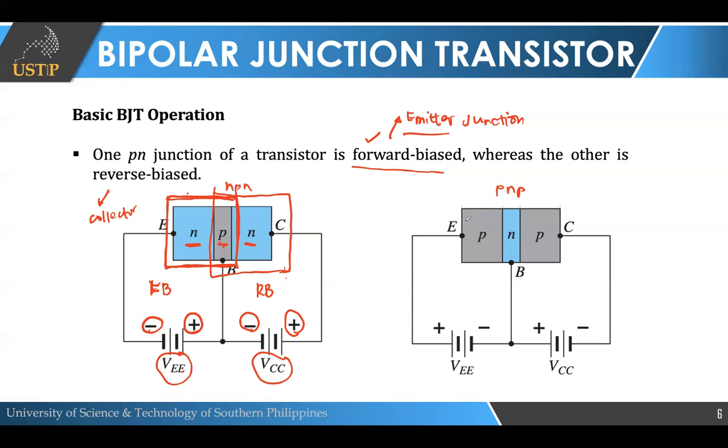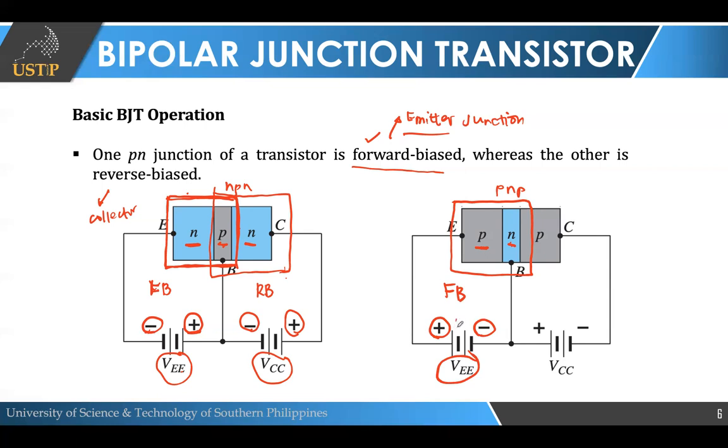Okay, so again, we start with the emitter junction. For the emitter junction, we need to forward bias it. How do we forward bias it? The P should be connected to the positive, and then the N is connected to the negative. This is our VEE. So meaning this is forward bias. Look, in the NPN, the negative is on the left and the positive is on the right. In the PNP, the positive is on the left and the negative is on the right.